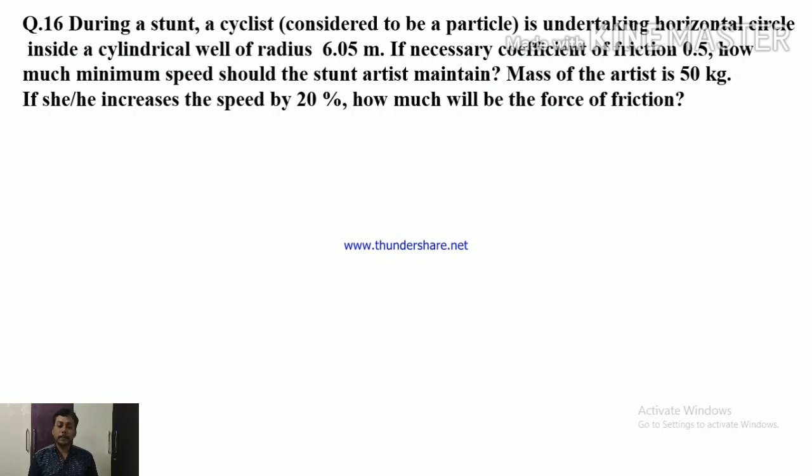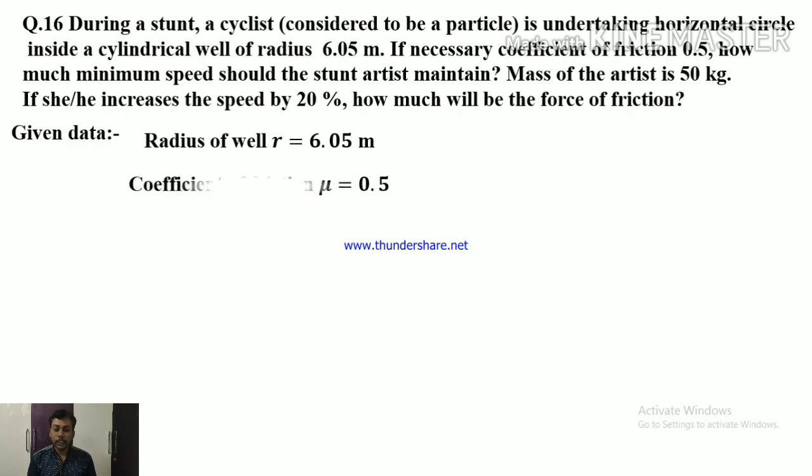Now this is the example of well of death. Given data is during a stunt, a cyclist is undertaking horizontal circle inside a cylindrical well of radius 6.05 meter. So first radius of well small r is equal to 6.05 meter. Then coefficient of friction mu is equal to 0.5.